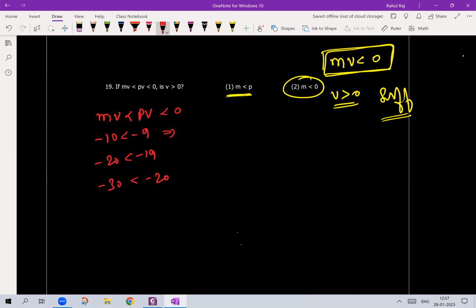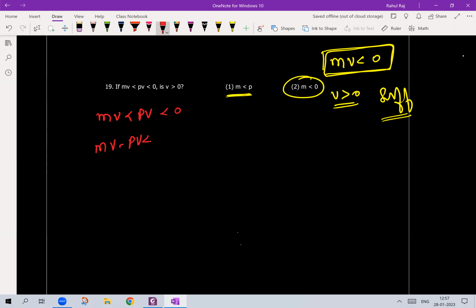Here minus 10 plus 9 is surely less than 0. Minus 20 plus 19 is surely less than 0. Minus 30 plus 20 is surely less than 0. So we can 100% conclude that MV minus PV is surely less than 0.